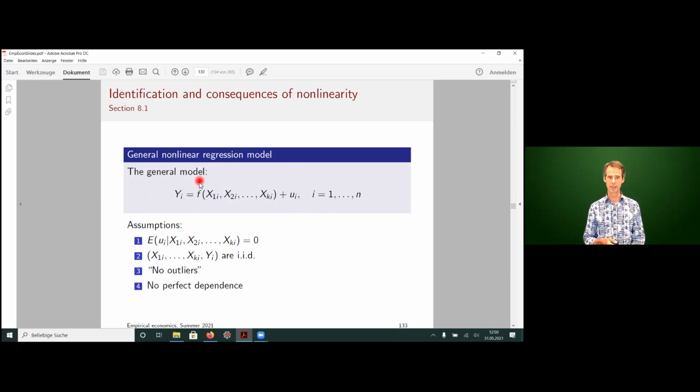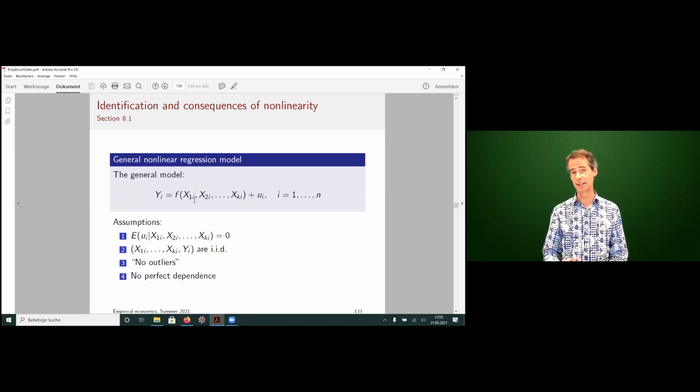But in between, we have something which is completely general: some kind of function of these regressors. It could be a linear function, it could be a nonlinear function, it could be anything. So we don't really specify how this function looks, but the important point here is that we do not specify it as a linear function. It's quite general.